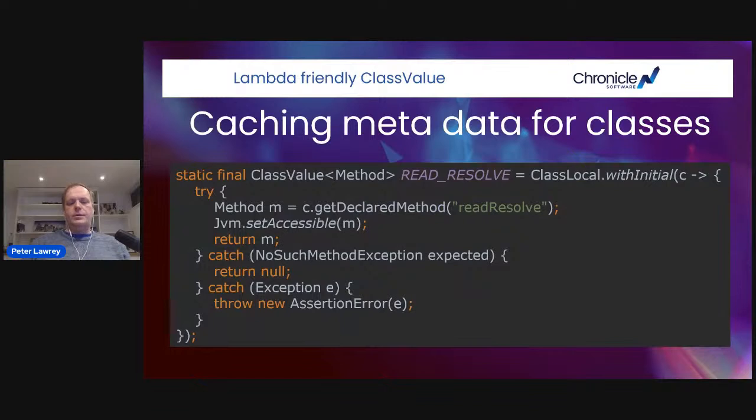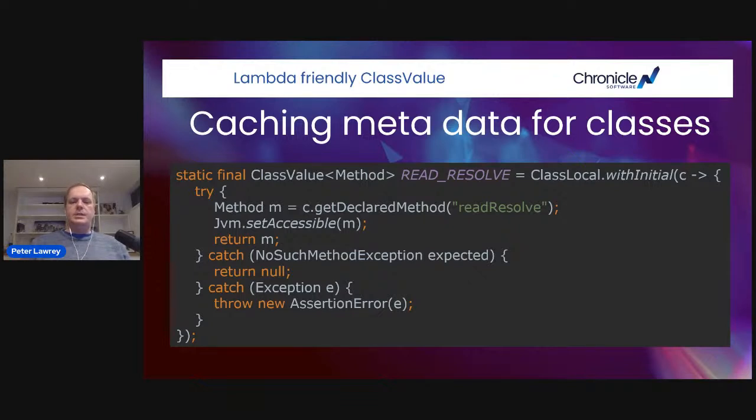Another feature that we use quite extensively throughout our code is caching decisions to do with a class. So say you've got a class, we want to generate, for example, some data associated with a class, like how do I serialize it, how do I deserialize it, how do I take an interface and make all the methods, every time you call them, turn into an entry in a queue, for example.